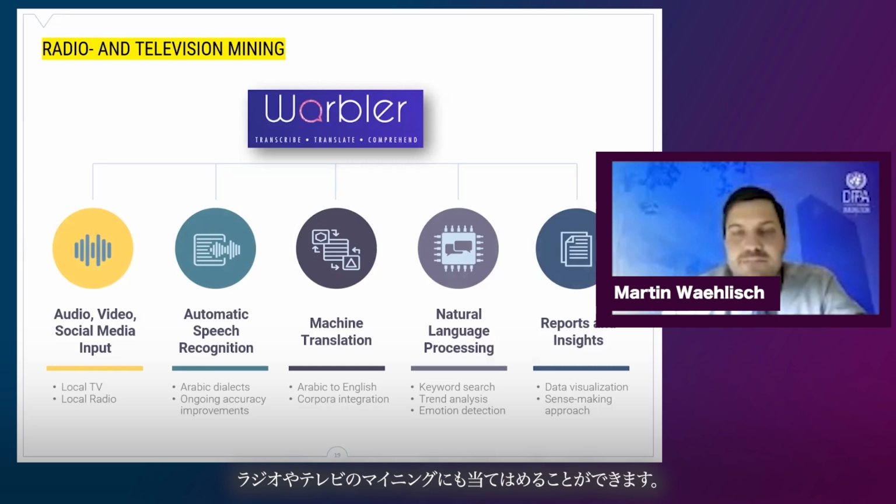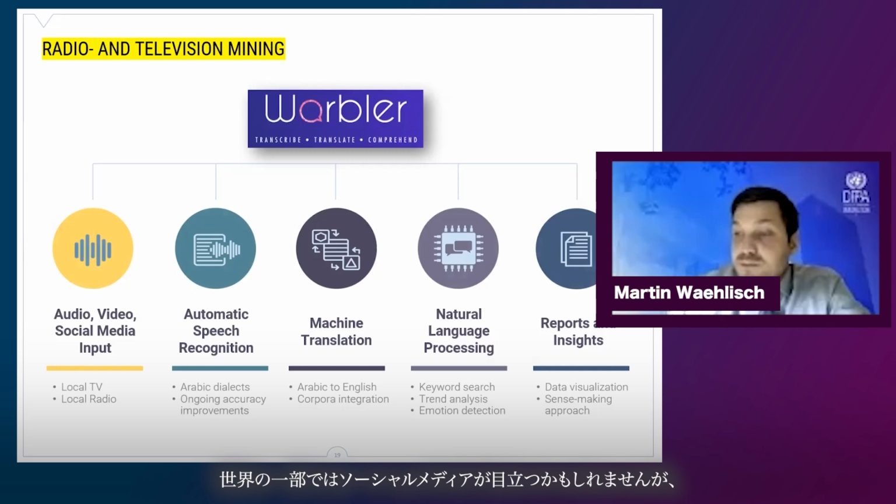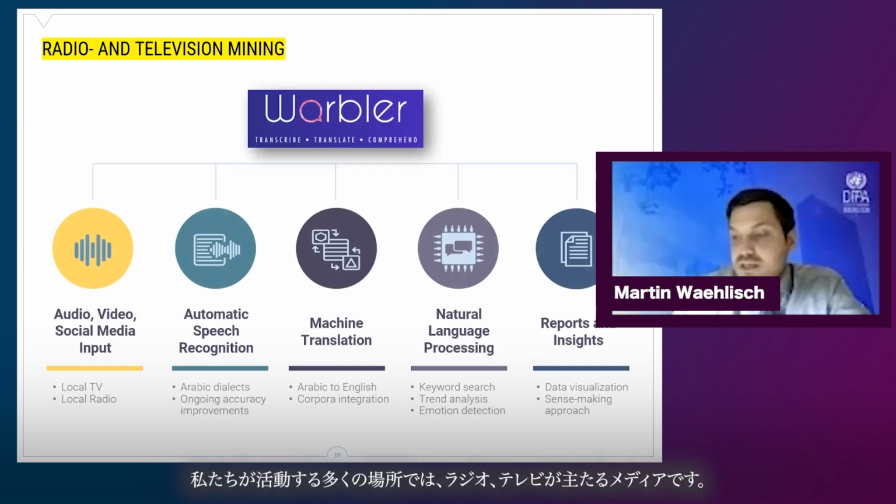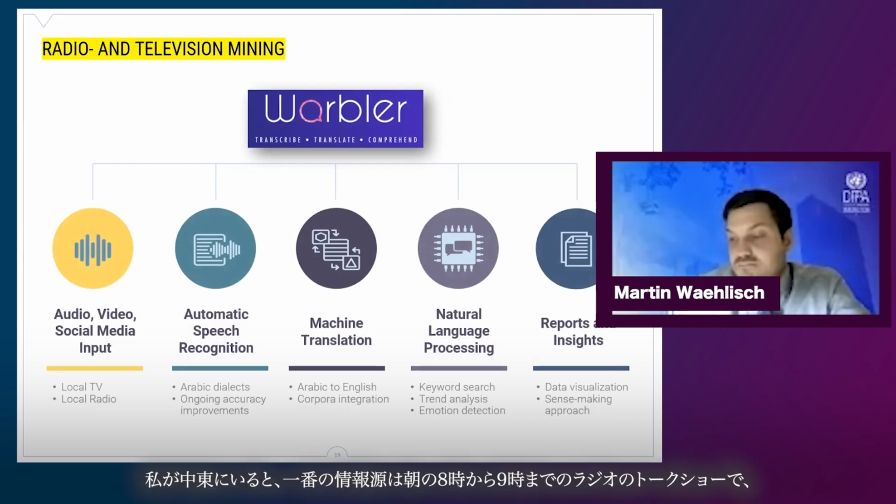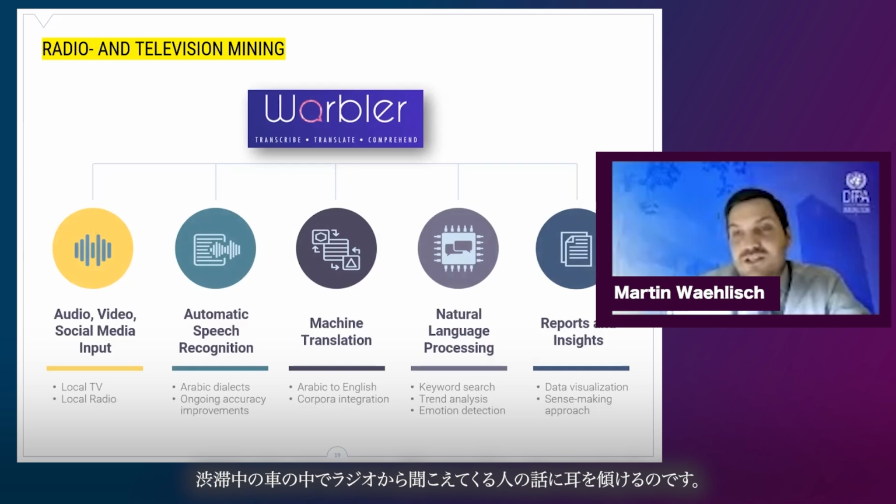We can apply the same for radio and television mining. As mentioned, social media might be prominent in some parts of the world, but in many places that we operate in, radio and television is king. I lived in the Middle East, and the best source for information was radio talk shows in the morning from 8 to 9. I would sit in the car in traffic and listen to what people say on the radio.